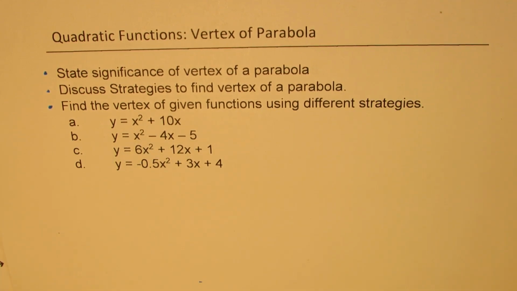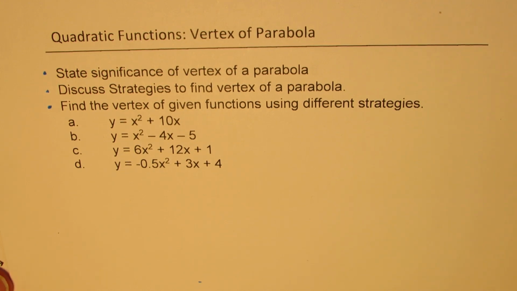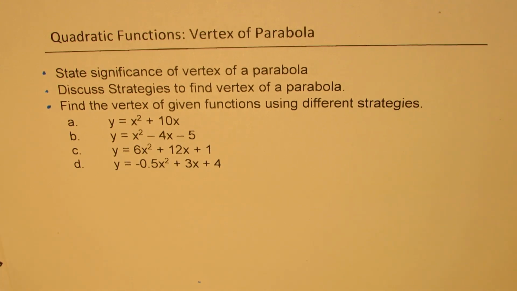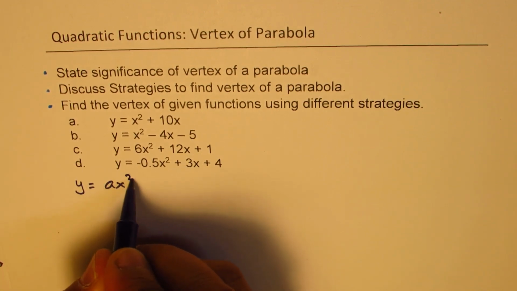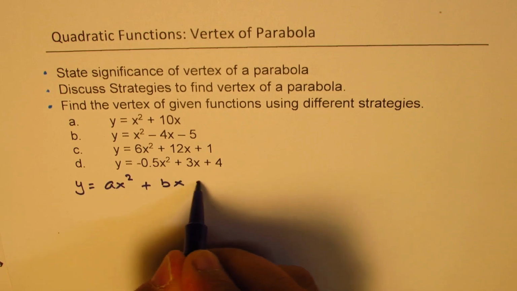So now let's first understand what is the vertex of a parabola. In general, the equation of a parabola is given as y equals ax squared plus bx plus c.